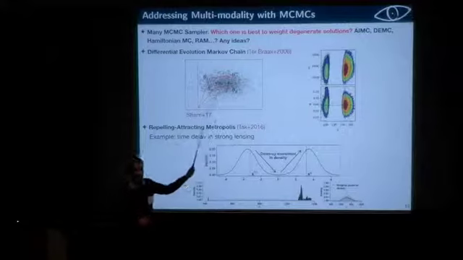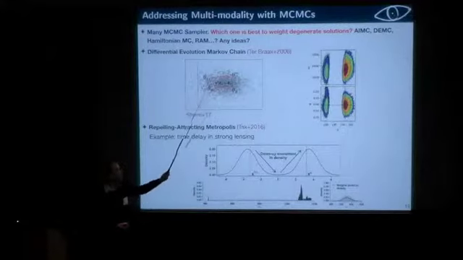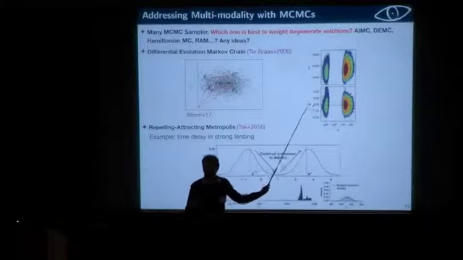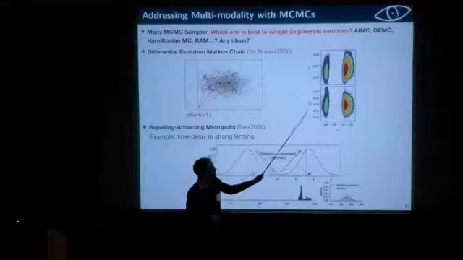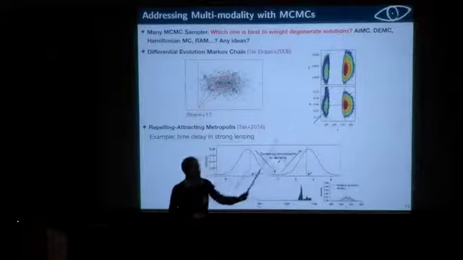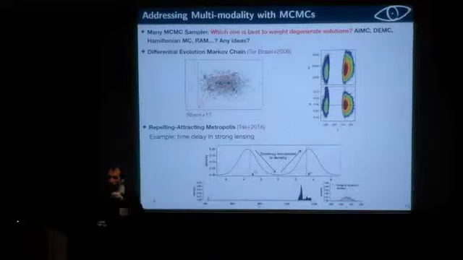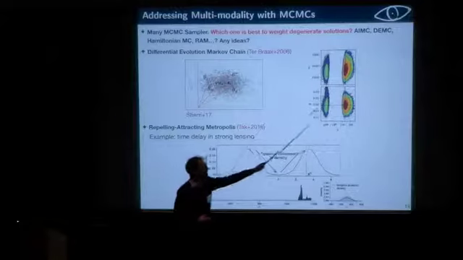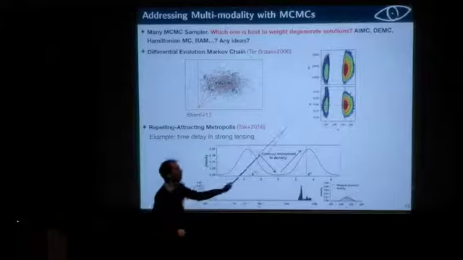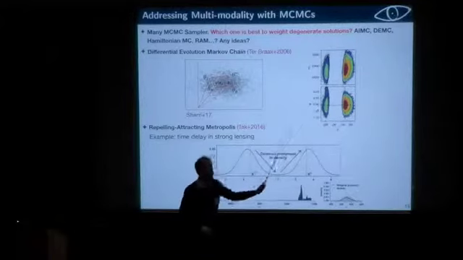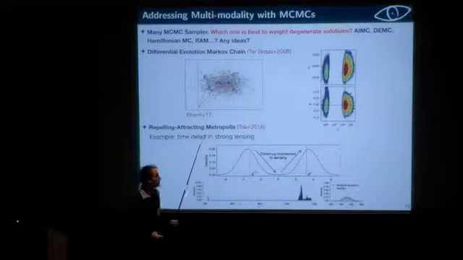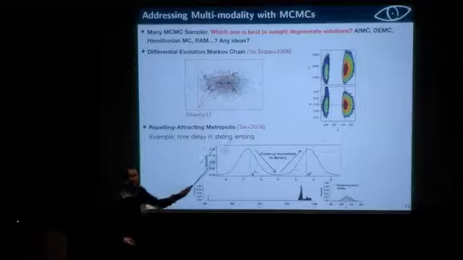This algorithm is not really designed to describe multimodal distributions, but it seems that it's enough, to use the word that Eric Ford used yesterday, in the case where there is the close-wide degeneracy, for the chain to jump and give the relative probability directly from the two solutions without doing an MCMC here, and then combine the two weighting by the delta chi-square, which assumes that the volumes are similar.